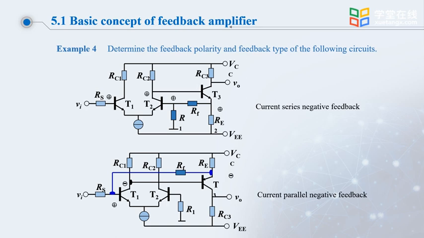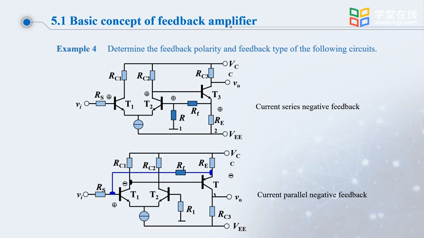Let's take a look. The instantaneous polarity method gives instantaneous positive on this T12 base. We follow the direction of the signal. Then the collector of the T12 is instantaneous negative. T32 base is also instantaneous negative. The T3 emitter is also transient negative.